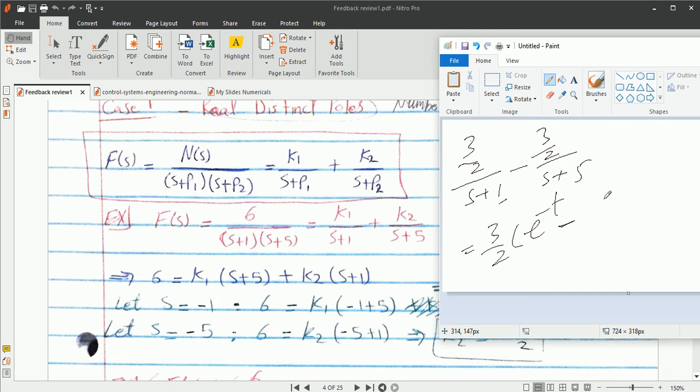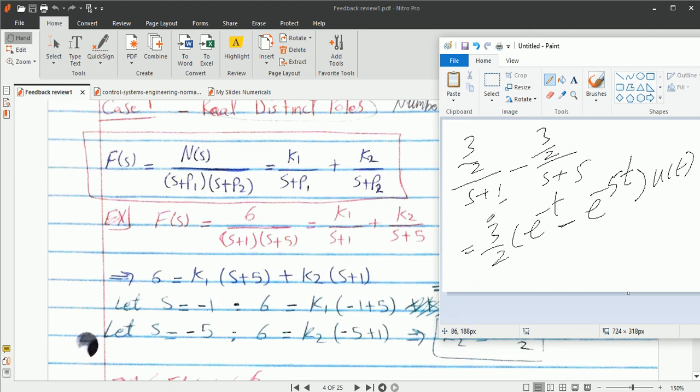Minus, take this 3 by 2 common, e raised to minus 5t, times u of t. So this is the solution of this inverse Laplace.